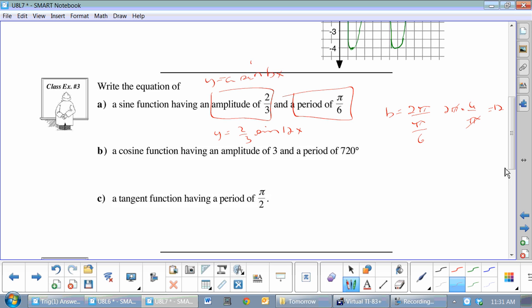So I want you to think of the sine graph. What would I be doing with it? Will I be squishing it or pulling it out? Squishing it, right? By multiplying every point by 1/12. What would I be doing with the amplitude? Pulling it or squishing it? Squishing it, okay? Because that's a vertical stretch by 2/3, remember?